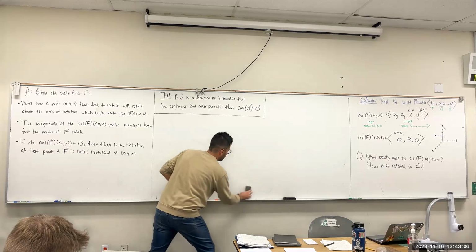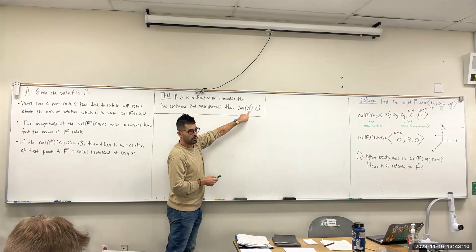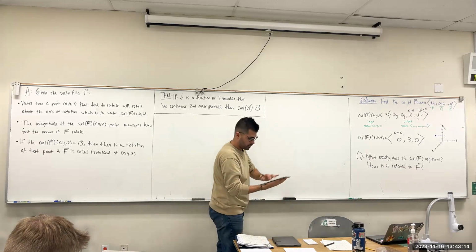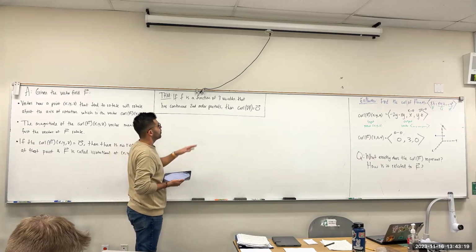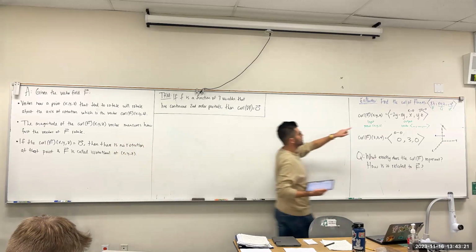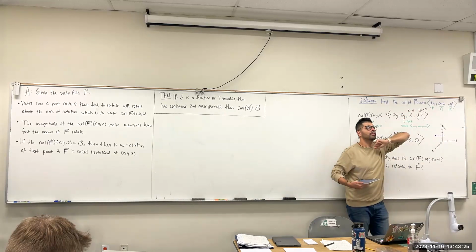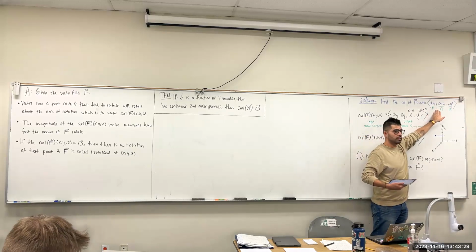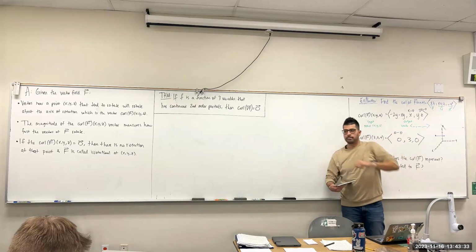So if this is true for all gradient vector fields, then what if this vector field... actually, let me say it this way. Is this vector field conservative, using this theorem?